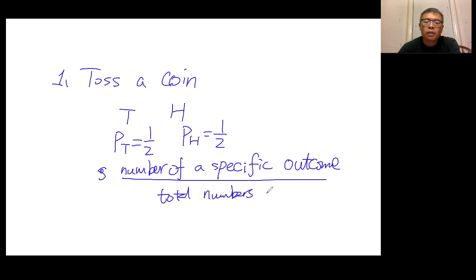In this case, the total number of outcomes is simply 2, since you could get either tail or head. The number of specific outcomes, if we want to calculate tail, is 1, or for head is also 1. Now this formula assumes that all the outcomes are equally probable, which is the case for most cases we're interested in. But this is the general formula that can be used to calculate the probability.